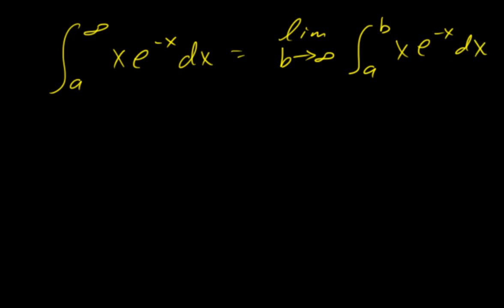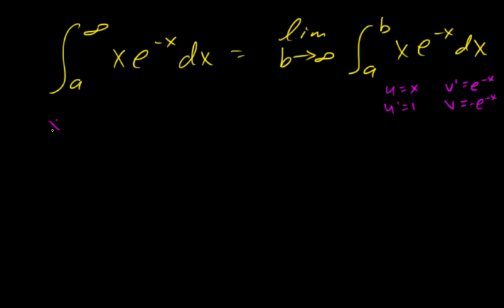Now, if we do integration by parts, we're going to say u is equal to x, v prime is equal to e to the negative x, u prime is equal to 1, v, if we do the antiderivative, we end up with negative e to the negative x.